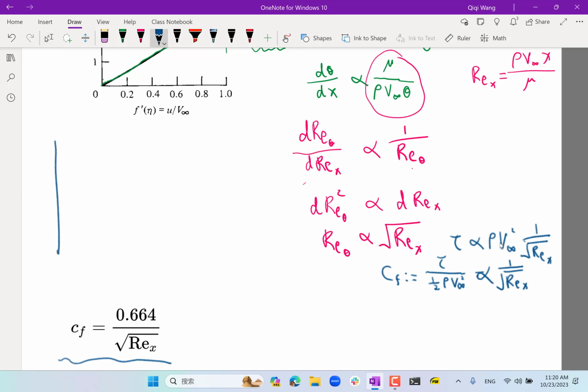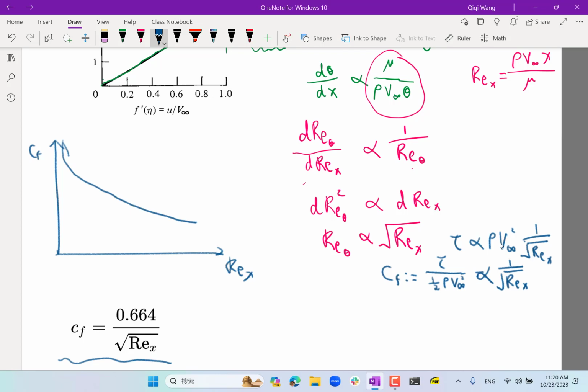So the typical plot you see is that C_f versus Re_x follows a curve like 1 over square root, right? I didn't draw it very well here, but it goes down slower than a 1 over x relationship. Any questions on this?